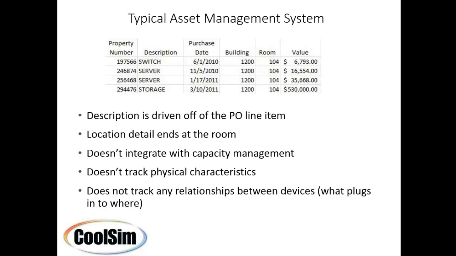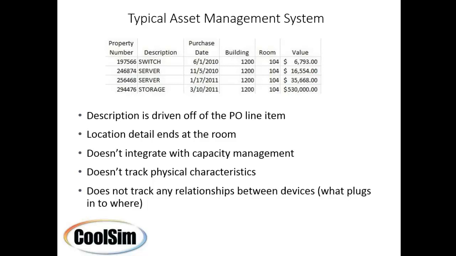So the purchase order may have said, well, you bought a switch, 2 servers, and some storage. But there's nothing that really tells you where in the data center you put it. As we all know, there are racks. It's a 3D problem. You could have hundreds of racks in a single room, so trying to track that down could be a nightmare.